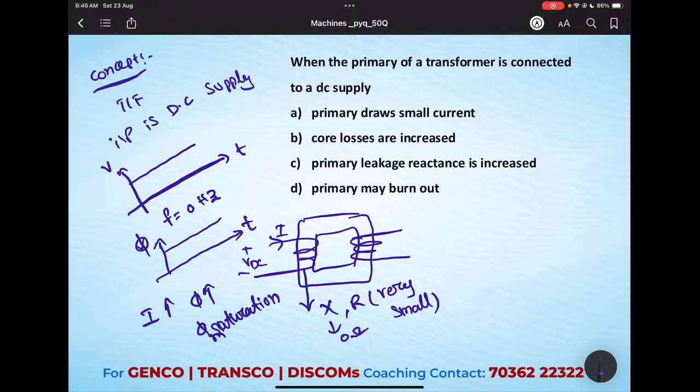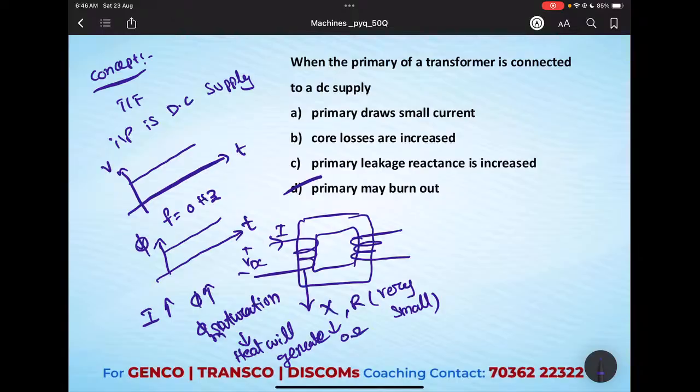After reaching saturation, the current is still high, so heat will generate. When more heat is generated, the insulation will get damaged and there is a chance of burnout. So our option will be the primary may burn out, option D. I think Ramesh gave the correct answer. Answer D. We'll see the other options also once.